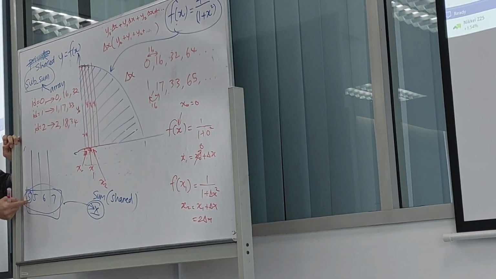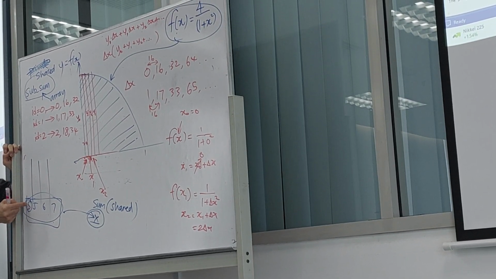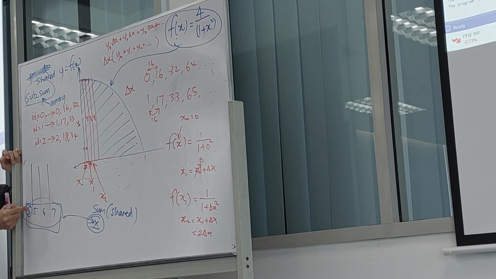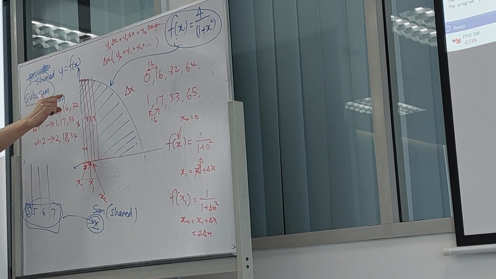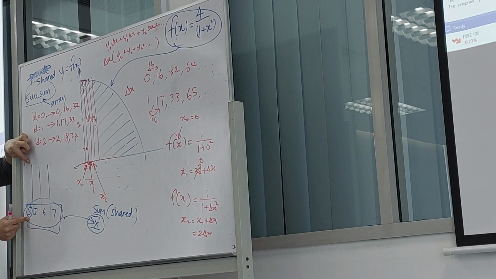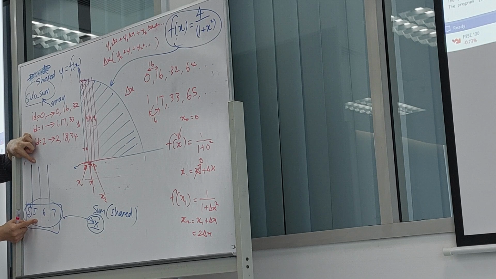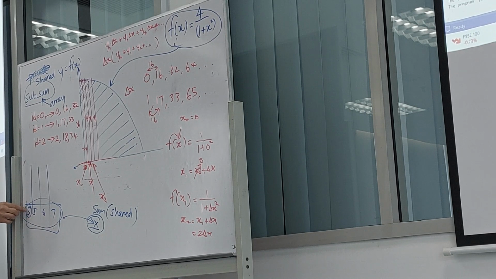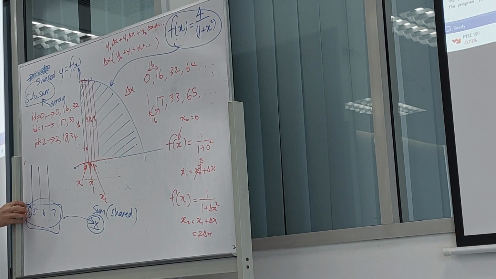Because thread 0 only focuses on element 0 of this subsum array. Element 1 is for T1, then element 2, element 3. So even though you update here, you are not touching the rest, so you are able to update it without race condition.